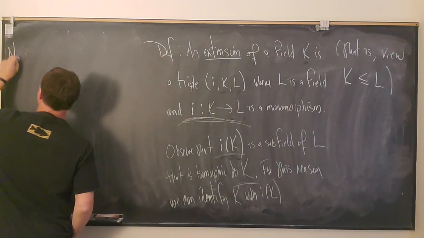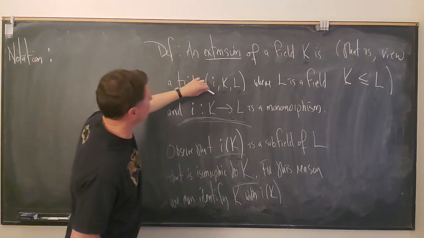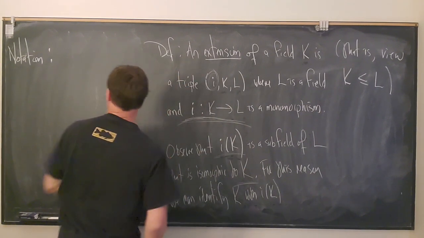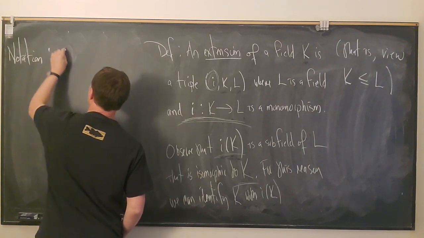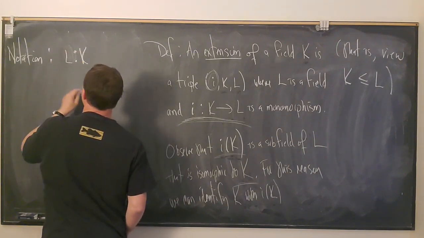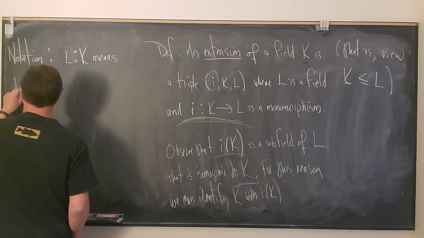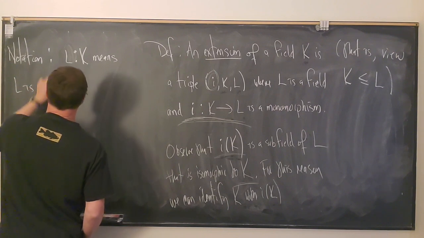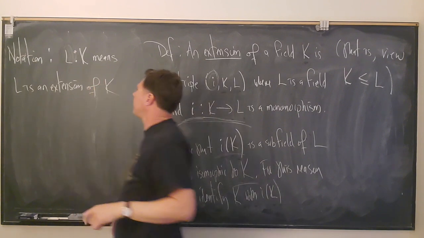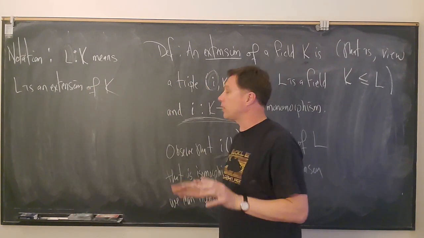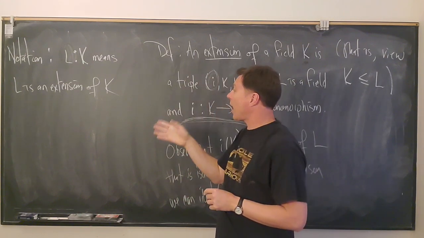So notation, what we do in most cases is we essentially disregard the I. So the notation is to write L colon K, and this means that L is an extension of K. Unless we really care, there will be certain cases where we have to be specific and refer to I explicitly.